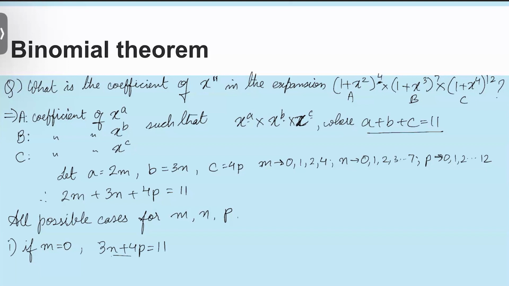That will not be the case, that won't give you 11. But 8 plus 3 would give you 11. Now to get 8, you need p equal to 2 and n equal to 1. So n equal to 1 and p equal to 2. This is one case that we got.